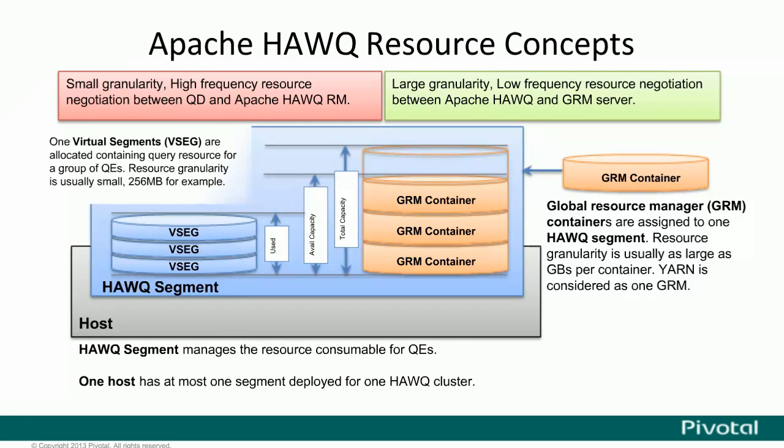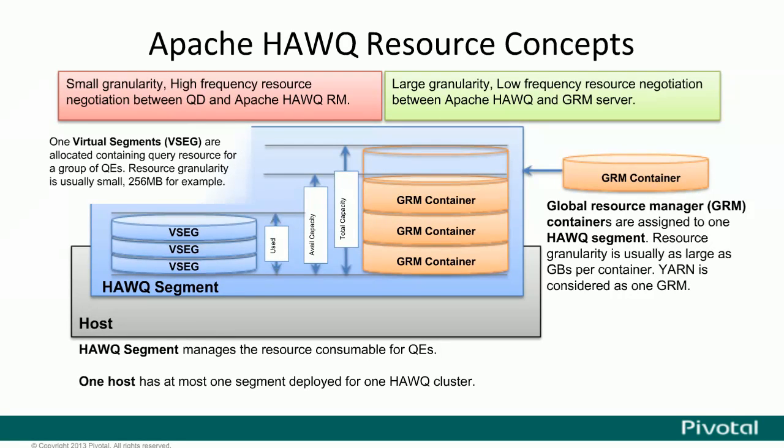If we move more to the small granularity, these are typically things that are going to happen quite frequently and need a much lower latency. In this case, this is things like allocating virtual segments to process parts of a query, or running these query executor processes. These containers basically give you a space to work.